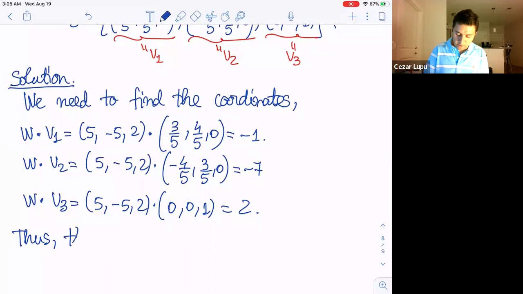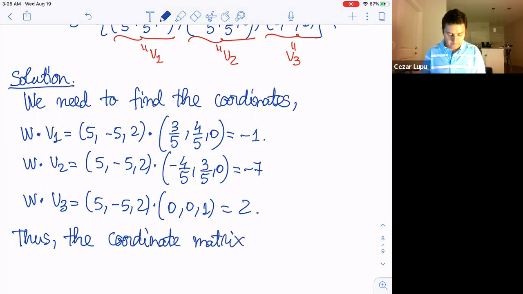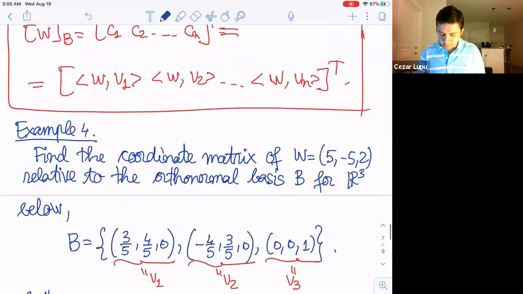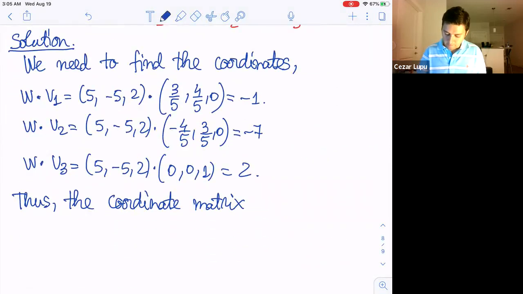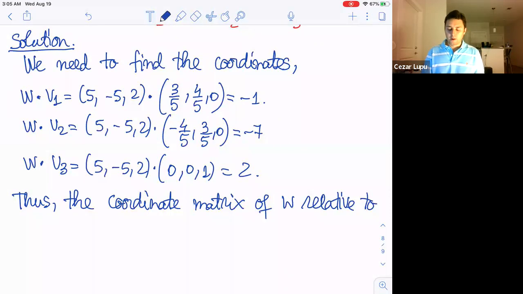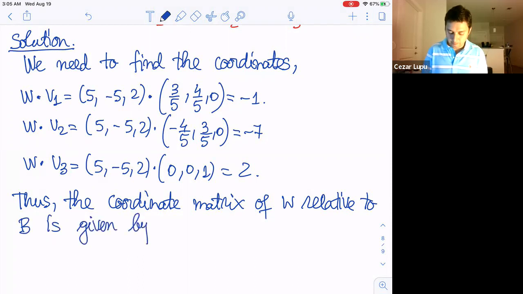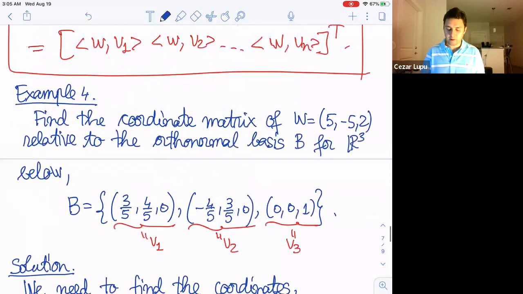So the coordinate matrix of W relative to the basis B is given by the above formula.